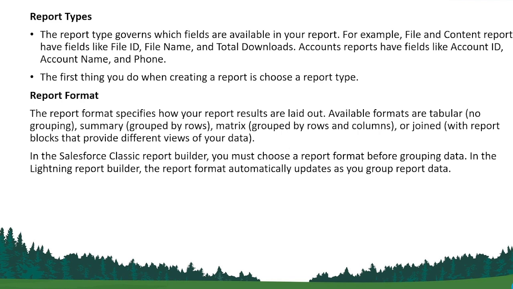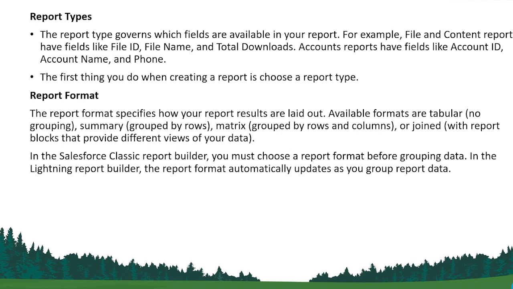Now, report format. While selecting the report type, firstly you are creating a report. Then the second step is your selection of the report type. Then after that you move to the report format, because there are n number of formats available for formation of any report.